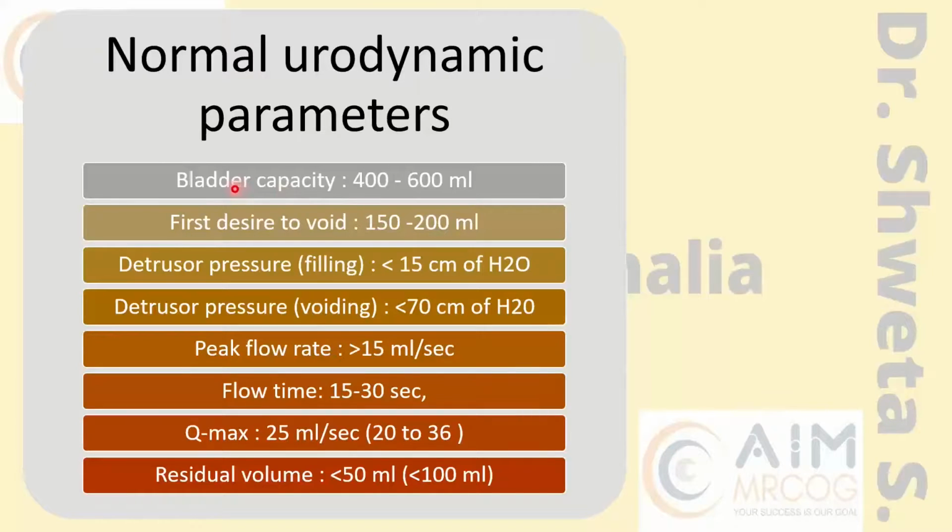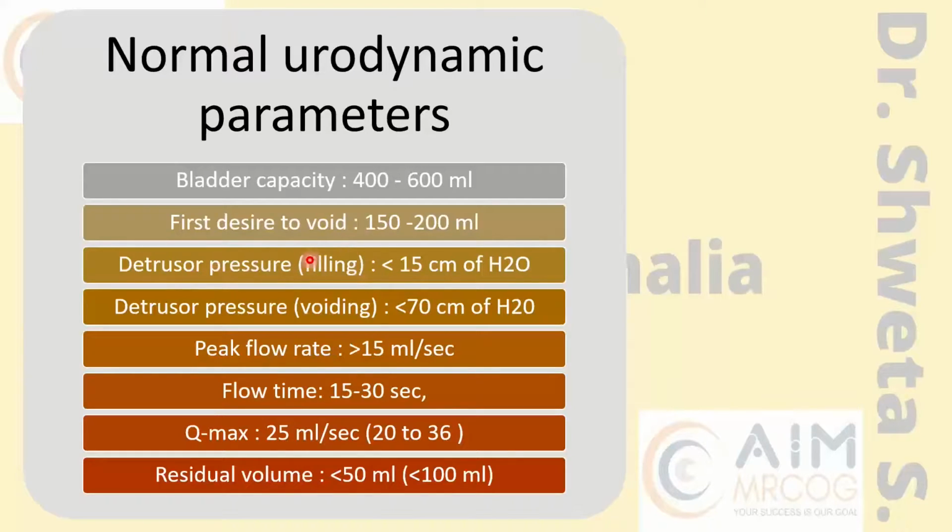So very important for you to understand that the normal bladder capacity is 400 to 600 ml. So anything less than 400 means you will think that her bladder could be overactive. First desire to void is from 150 to 200 ml. So anything less than 150 means she could have overactive bladder. So this is important to remember.